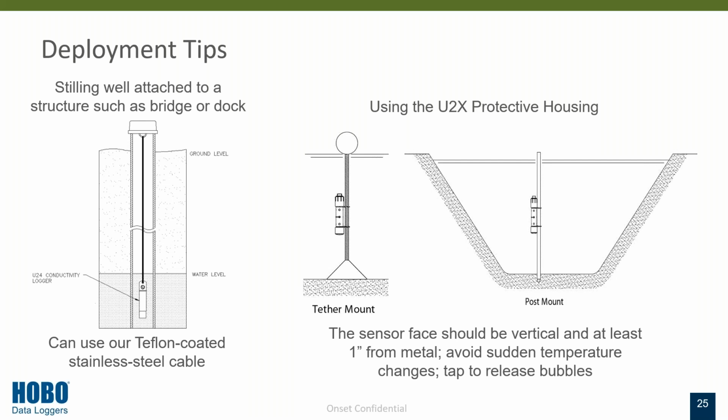Some other options if you are using a tether mount or a post mount. Again, you just want to make sure that you have it in a protective housing unit with some slots in there to make sure that you have the water moving through, and in a vertical position. Again, you don't want any air bubbles collecting up.